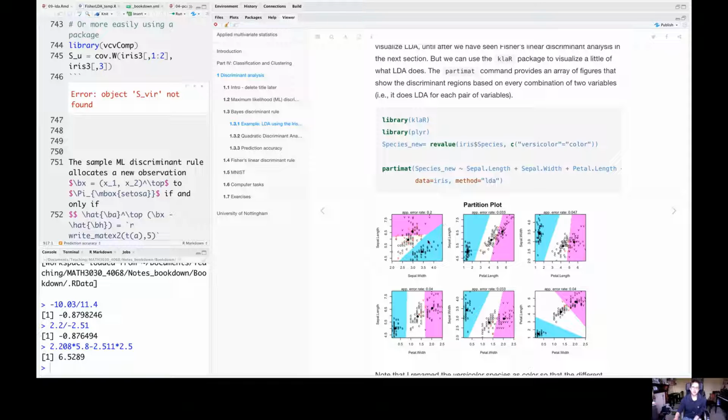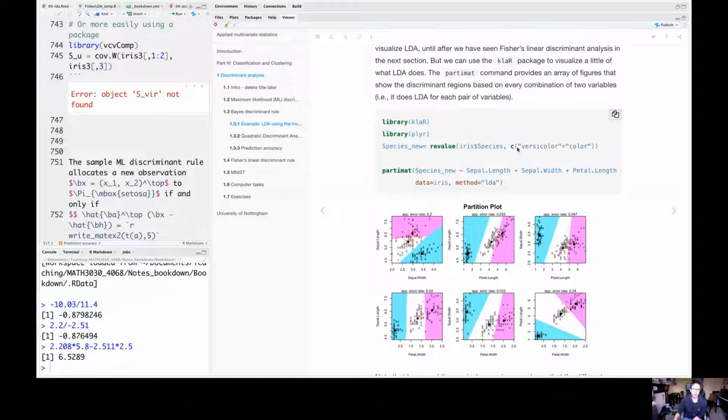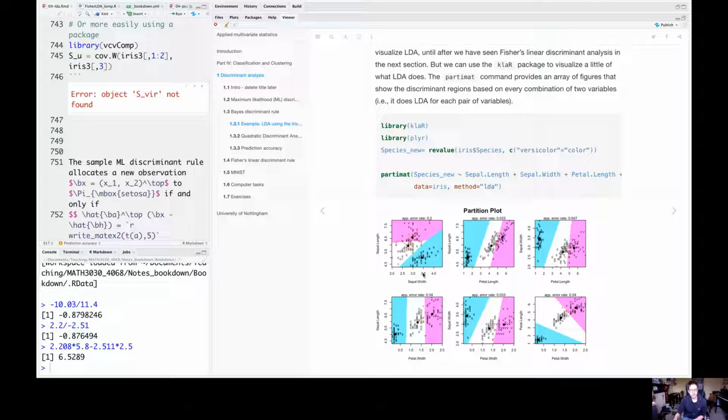So here we've got three species of flower: setosa, versicolor, and Virginica. I've just relabeled versicolor as color here because it abbreviates the factor level by its first letter. So I had versicolor and Virginica, so I was getting two sets of V's. So I've just relabeled versicolor color, so you get a C. So what this does then is LDA for each pair of variables, and it plots the decision boundaries for us.